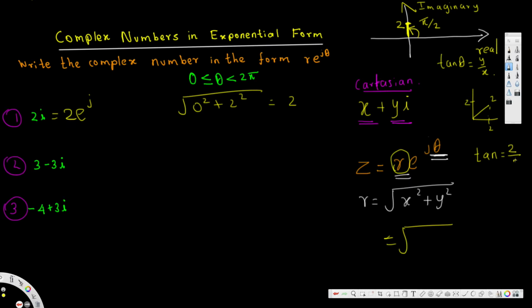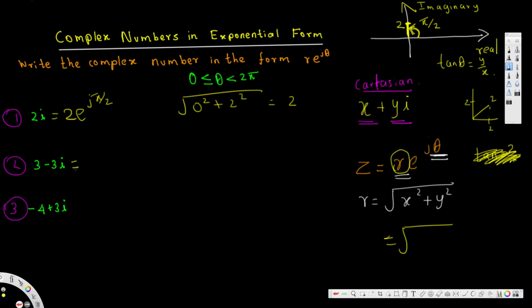But here we don't have to find the angle, because the angle is obvious, π/2, since from here to here is 90 degrees. So we already know the angle. We don't have to use tan theta here. So we can just write j π/2. That is the conversion for this number from rectangular form to exponential form.